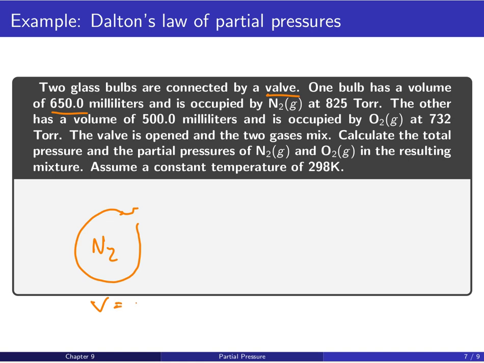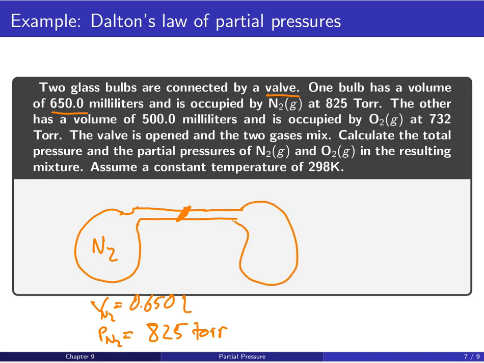Okay, and we can put it into liters. And this is also, we are told, held at a pressure of 825 torr. Now, we're told that this bulb is connected to another bulb, and there's a little valve in between.